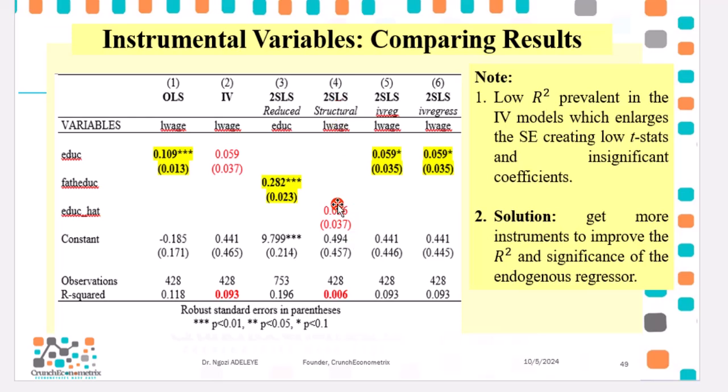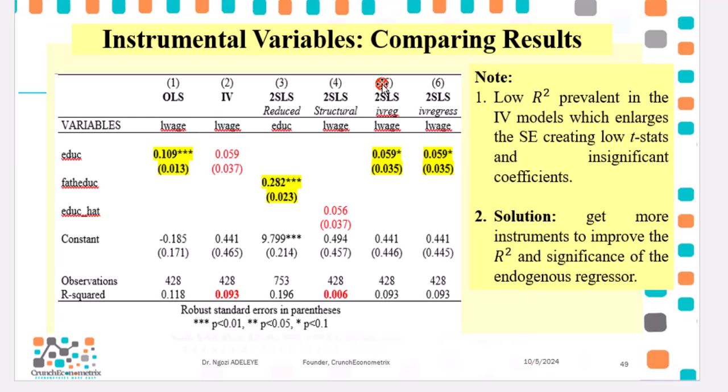Let's look at the structural model. Now, EduCat is 0, statistically not significant. And if you look at that R squared, extremely, extremely low. So once your R squared is low, it's going to enlarge your standard errors. And once your standard errors is enlarged, it will reduce your t statistics, giving you highly not significant coefficients, okay?